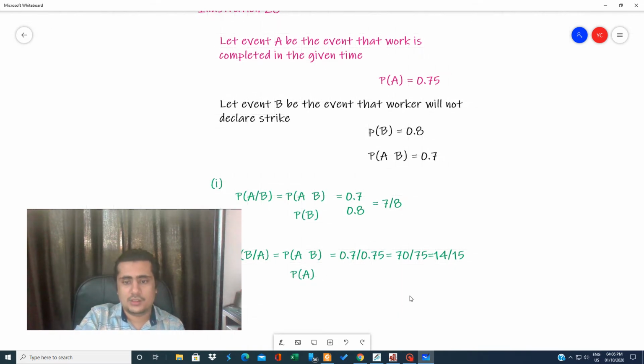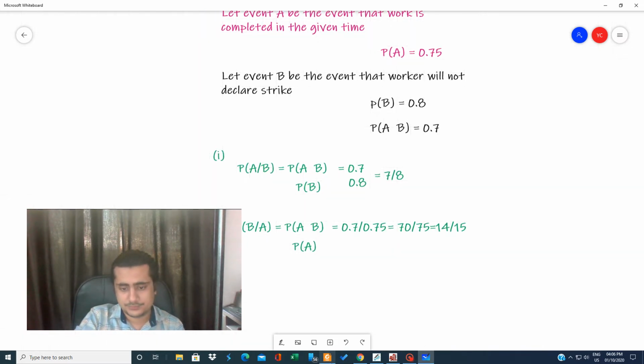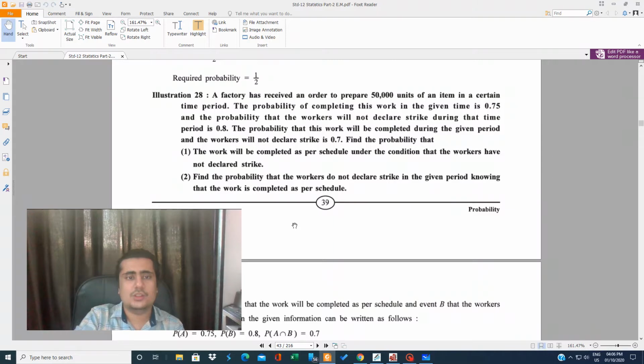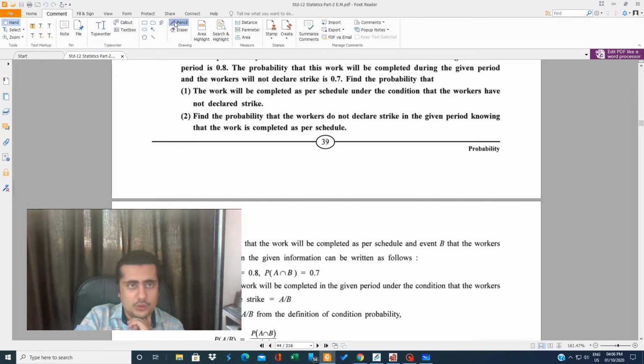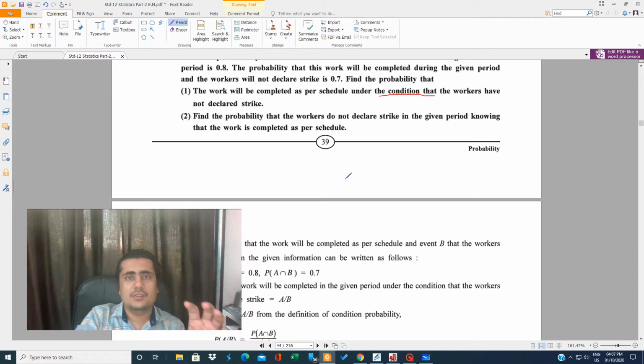What was the first question to you? The question to you was: work will be completed as per the schedule under the condition that worker has not declared the strike. So I told you that under the condition that is your keyword. By this keyword you will be able to know that this question belongs to conditional probability.